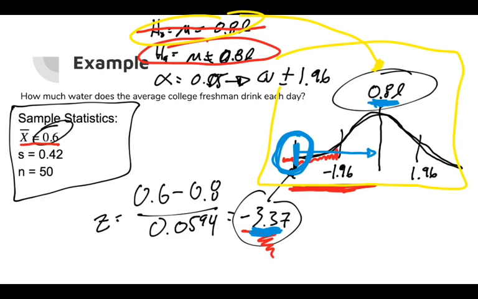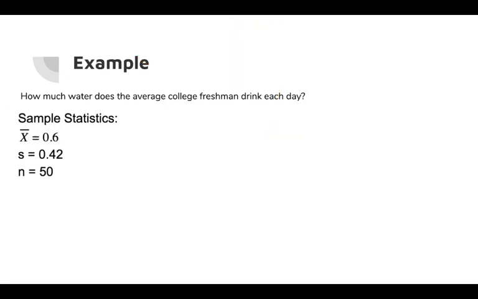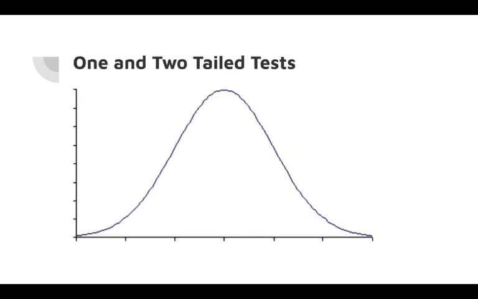Now, I made up all the numbers for this just so that we could have an example to work through everything with. Who knows? Maybe they really are drinking more than that. But this is how this stuff works. So, by the way, what we did was a two-tailed test. And you can tell what kind of test you're doing by looking at your hypotheses, right?